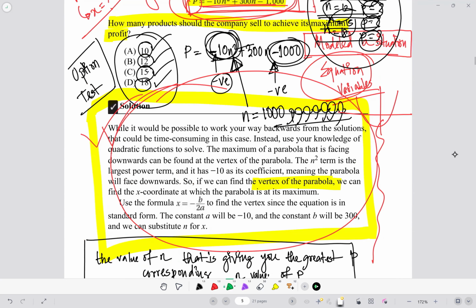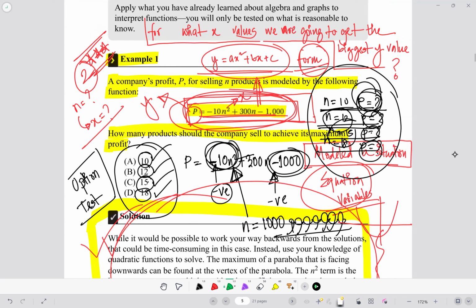So we were interested in the biggest p value. What is causing the biggest p value, just because of n?